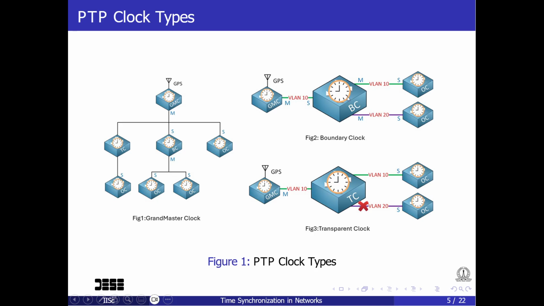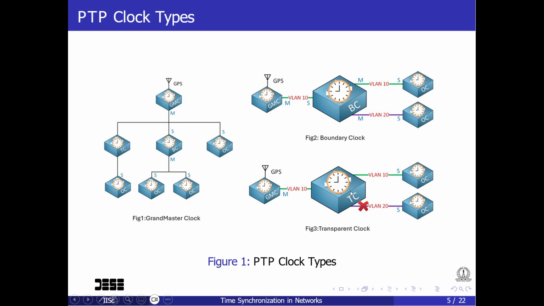It is very important because it reduces the load on the grandmaster. If there is no boundary clock, the master has to send messages to all the slaves, which eventually increases the load on the master. If we have a boundary clock, the master synchronizes the boundary clock, and the boundary clock takes up the duty of synchronizing the remaining slaves.